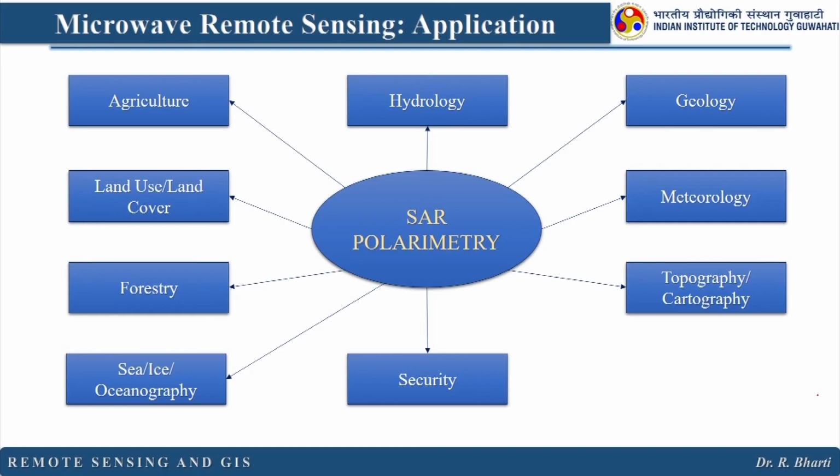So altogether microwave remote sensing has application in all the areas. So, starting from geology, meteorology, then topographic cartography, security, sea ice, oceanography, forest, land use, land cover, agriculture, hydrology. So everywhere it can be used, provided you take care of the data generation and the analysis.